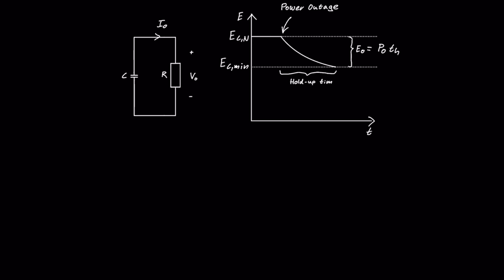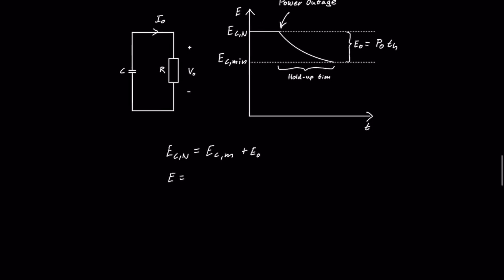So you can maybe see that now we can write an equation where ECN is equal to the minimum energy plus the energy going to the output. And the energy in the capacitor could be written as 1/2 multiplied by the capacitance and multiplied by the voltage squared. So if we just put this into this equation, we could solve this and find the capacitance.